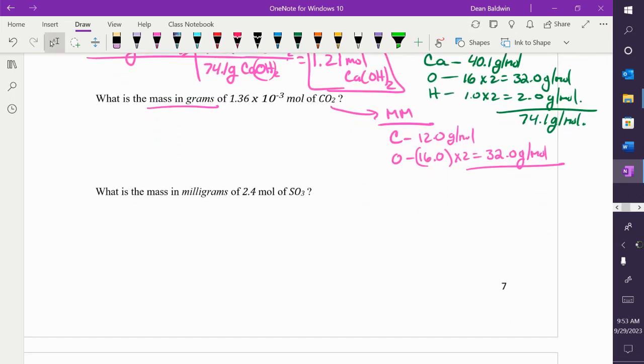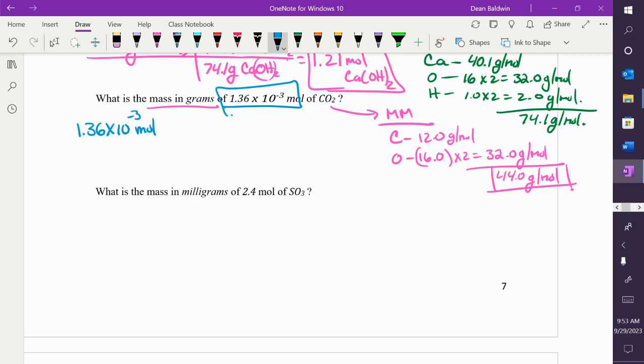So 12 and 32 gives me 44.0 grams per mole. There's your molar mass. They give us 1.36 grams, or 1.36 times 10 to the minus 3 moles of CO2.